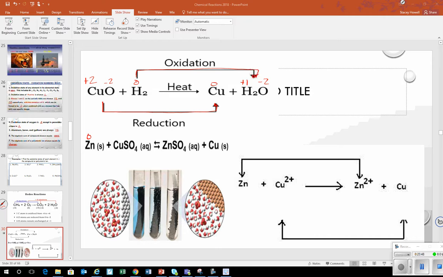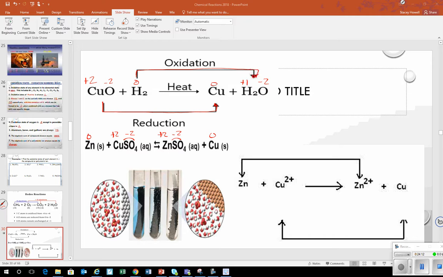I know that sulfate, since it hangs together on both sides, I don't need to worry about it changing charge because it's the exact same. And I know sulfate's a -2. Because of that, I know copper's a +2. Because I know sulfate's a -2, I know zinc is a +2. And copper here is 0. Okay, that okay? Those are the equations we're used to seeing.